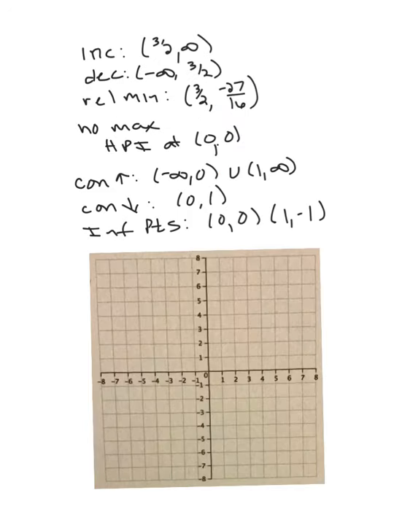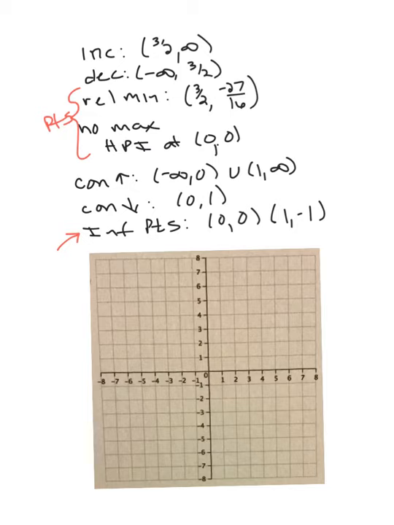I have summarized all of our information on this screen so that we can now sketch our graph. Remember that maxes, mins, HPIs are points on the graph, and inflection points are points on the graph. So start out by graphing those points.